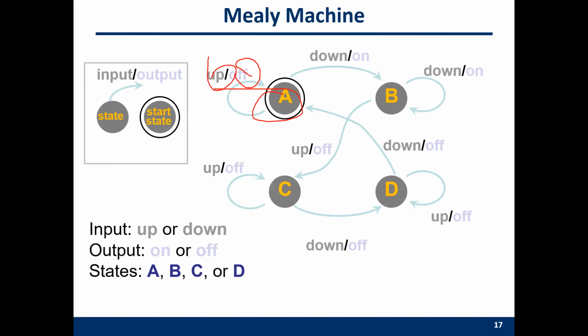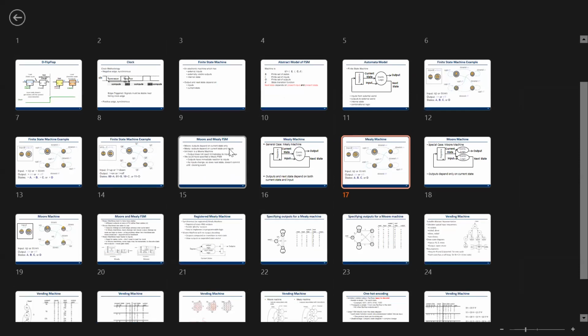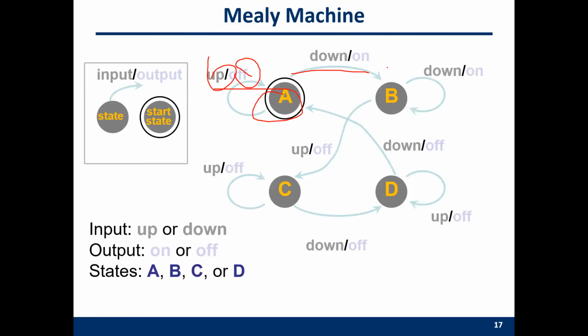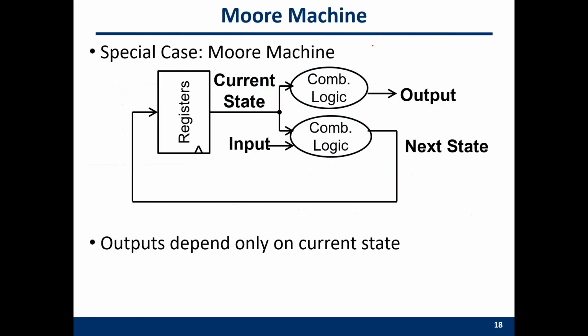So if I change the input from up to down, then you'll go to another transition and you will have another output.